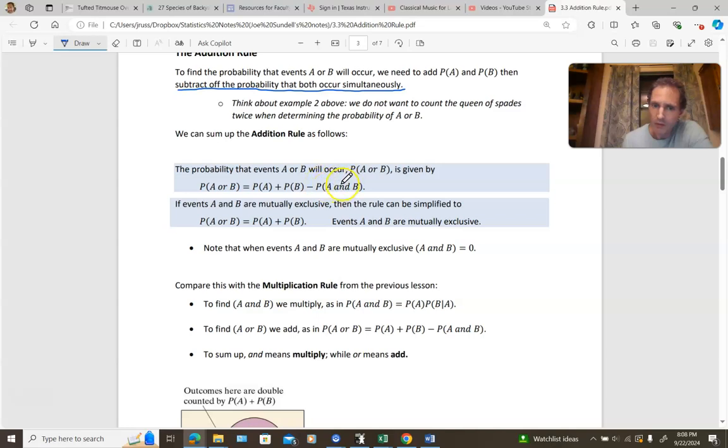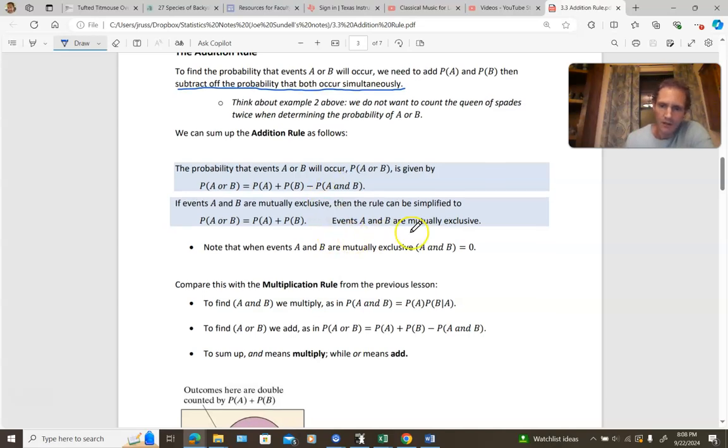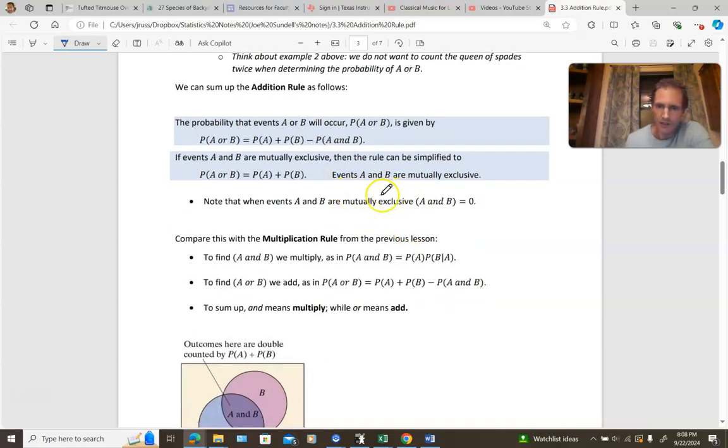So this probability right here that they do occur together would always be 0. The probability that A and B occur if they're mutually exclusive events would be 0, because by that definition, they can never occur at the same time.